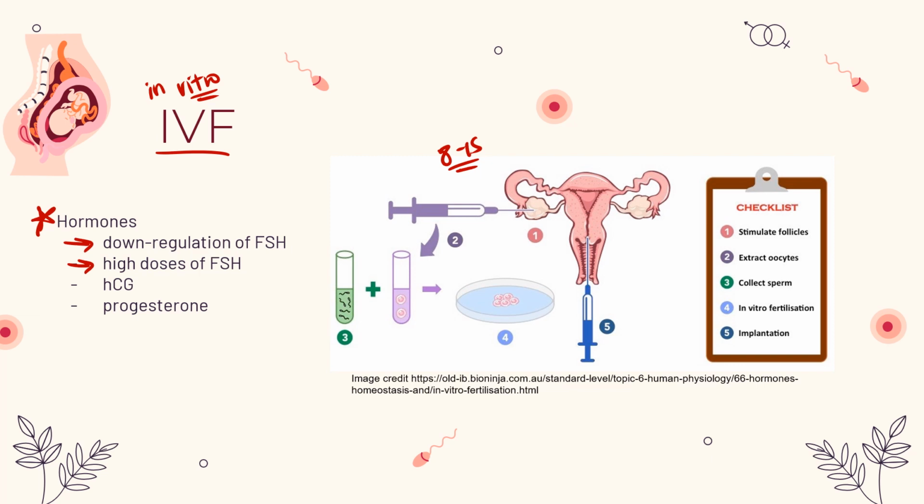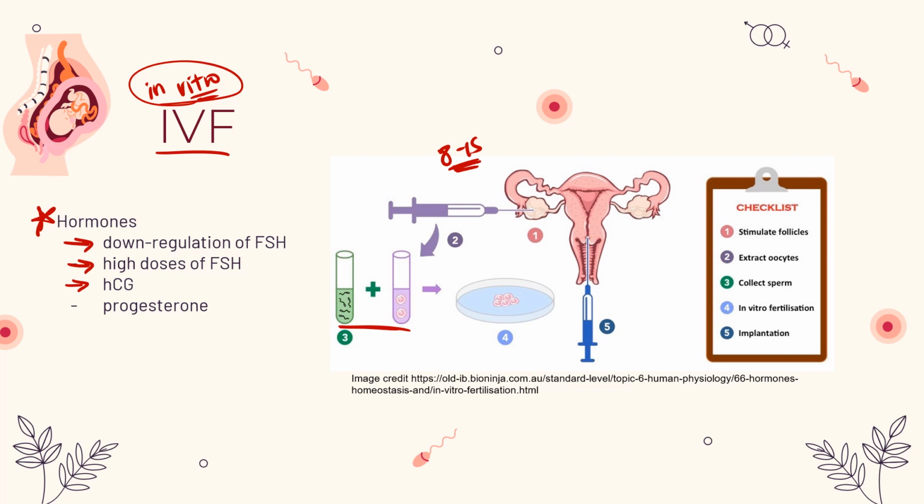A little bit of HCG is then also added to the patient. HCG is human chorionic gonadotropin. This is going to help speed up the maturation of the eggs. Those eggs, 8 to 15 of them, are then extracted from the ovary and they are fertilized in glass, in vitro.